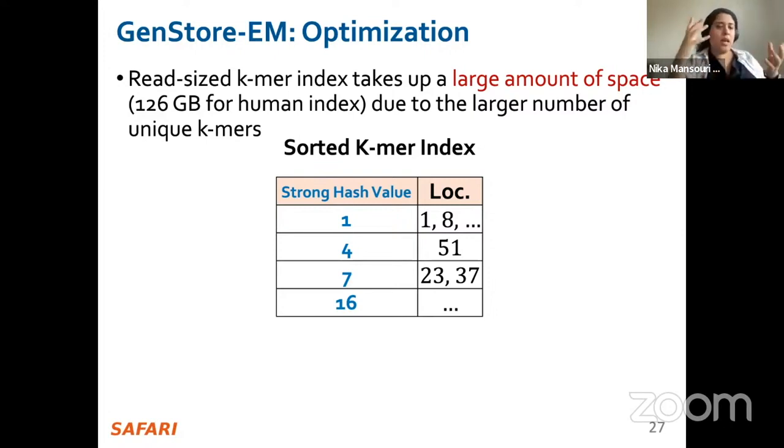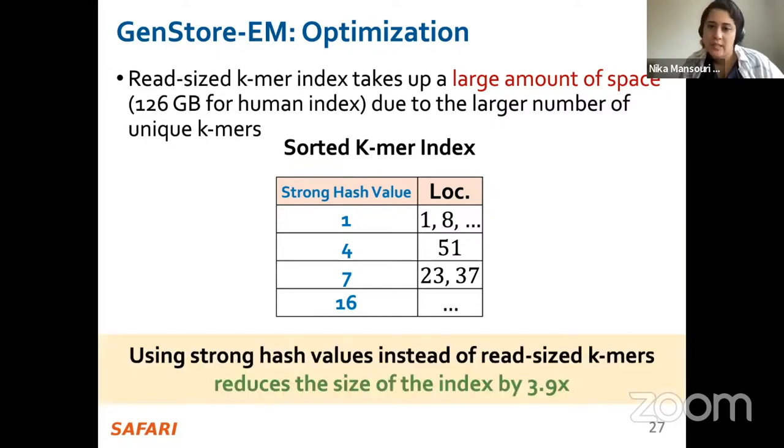Because now we don't sort the k-mers on their own, and we also do that for the reads too. So instead of having these strings as the sorting criterion, now we have these hash values, and that can also act as their fingerprint. So using strong hash values instead of the read-sized k-mers reduces the size of the index by 3.9 times.